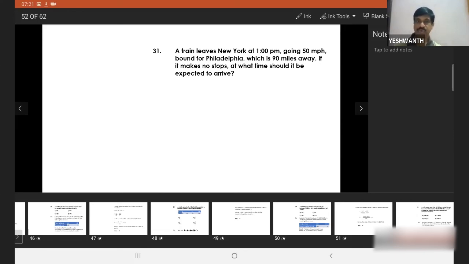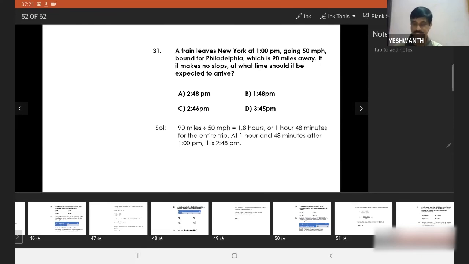If it makes no stops, at what time should it be expected to arrive? So simple logic. What is the time consumed? The distance to be traveled is 90 miles, and the speed at which it is moving is 50 miles per hour.